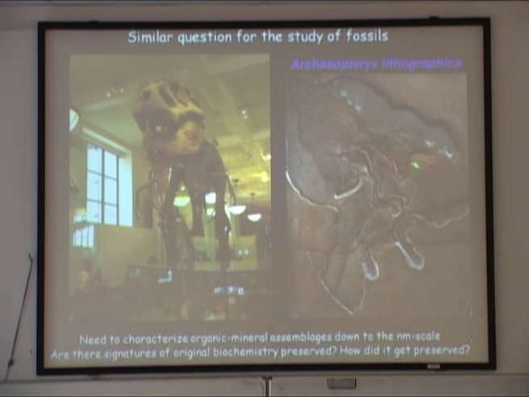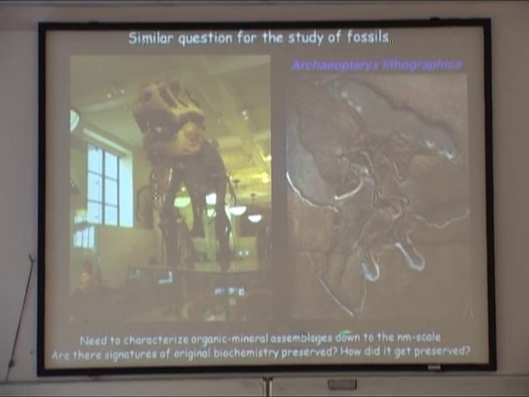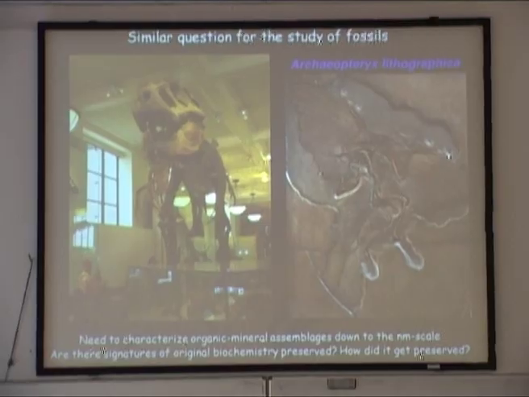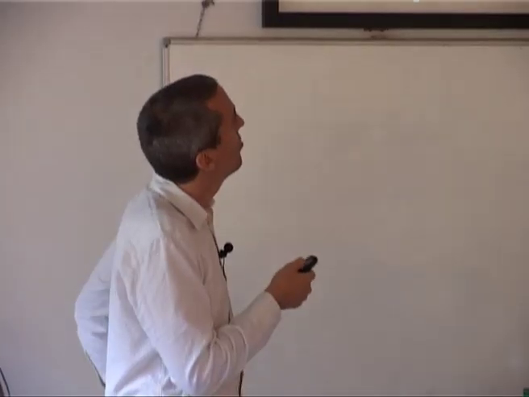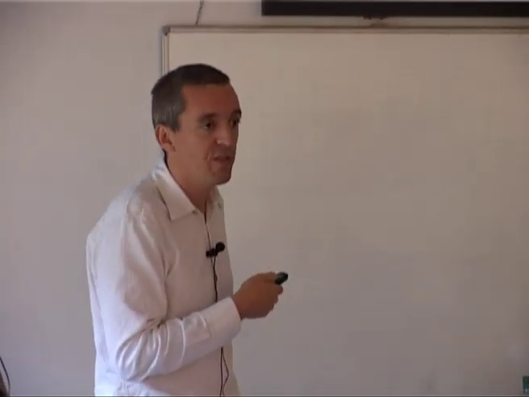Here you preserve the bones, but you also preserved feathers and soft tissues. If you want to understand how this is possible, you also need to characterize the organic and mineral assemblages down to the nanometer scale. So again, you need to use these microscopy tools to get into the processes that formed these fossils.